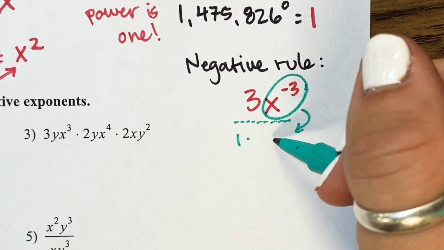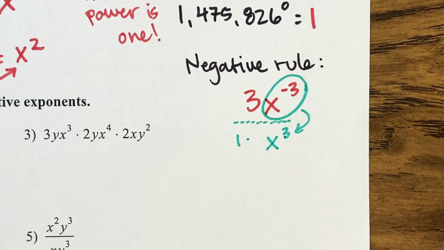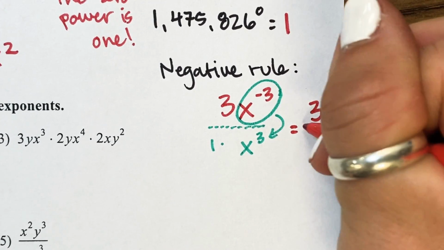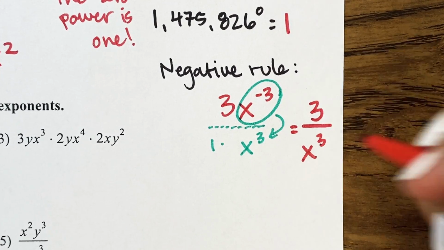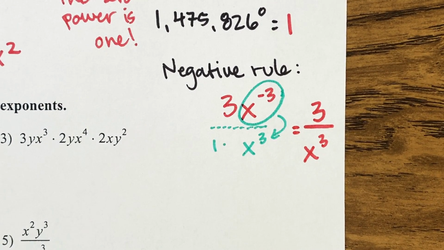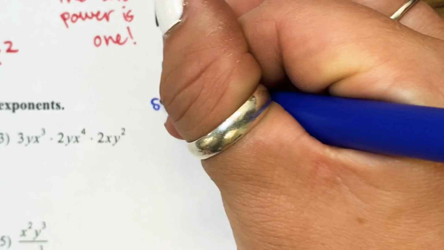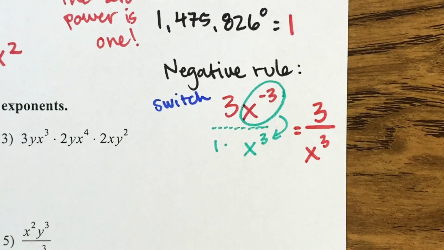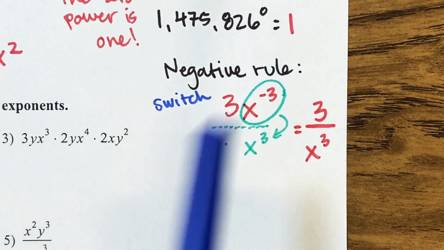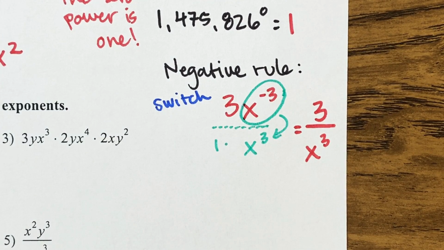And it switches it to the bottom and becomes positive. Making our final answer here, what's left on top? We have just the 3, and now we have an x to the 3 on bottom. So whenever you have the negative rule, you think switch. Switch places. If it's on top, it moves to the bottom. If it's on bottom, it would have moved to the top. Okay? Awesome.